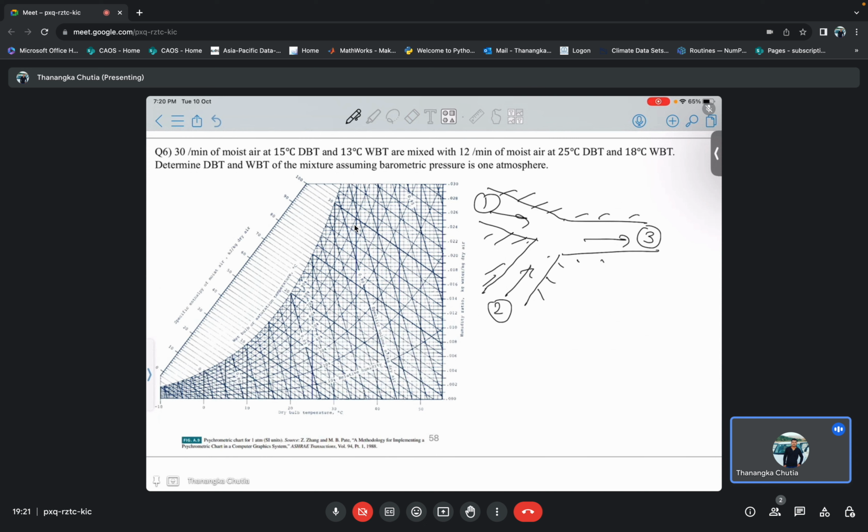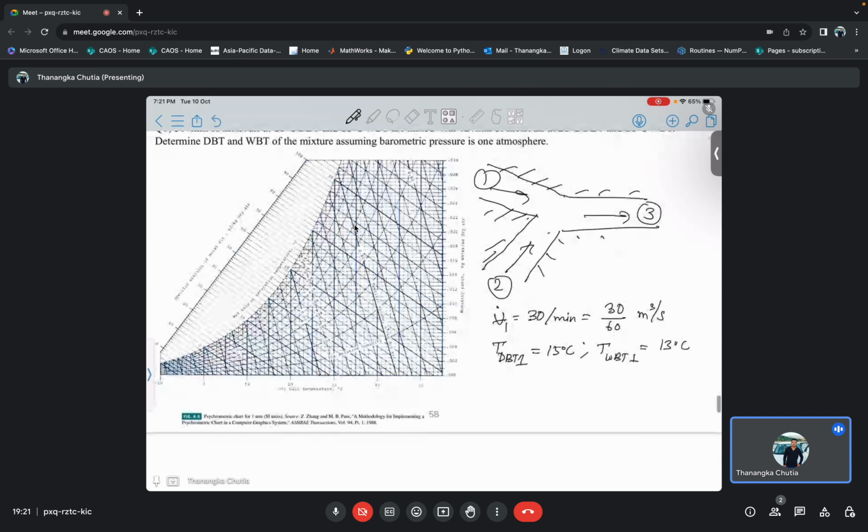Okay, so what is given to us: V1 dot is equal to 30 per minute, which we can write as 30 by 60 meter cube per second. T dry bulb temperature 1 is equal to 15 degrees Celsius, and T wet bulb temperature 1 is equal to 13 degrees Celsius.